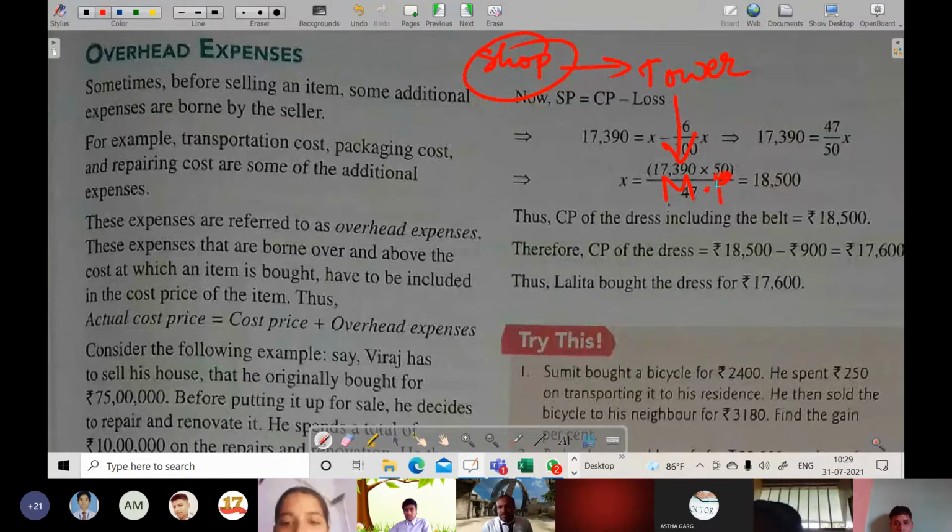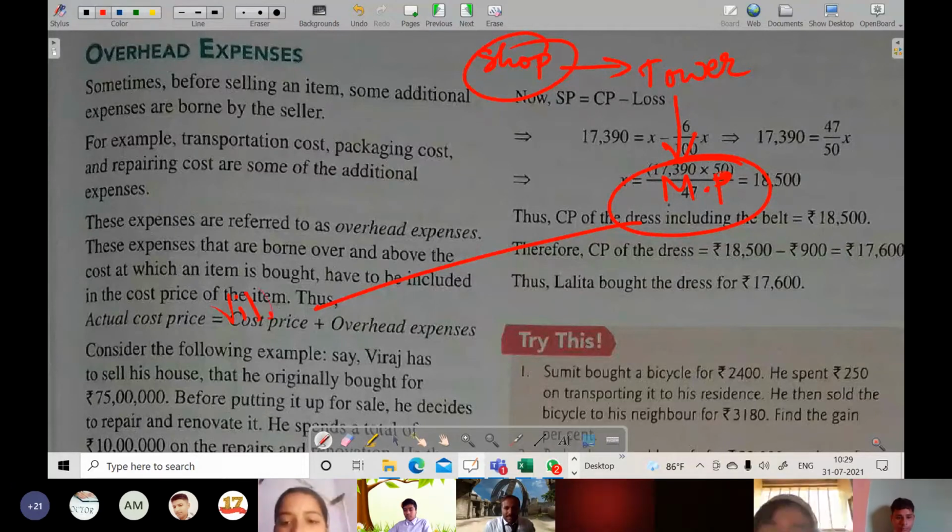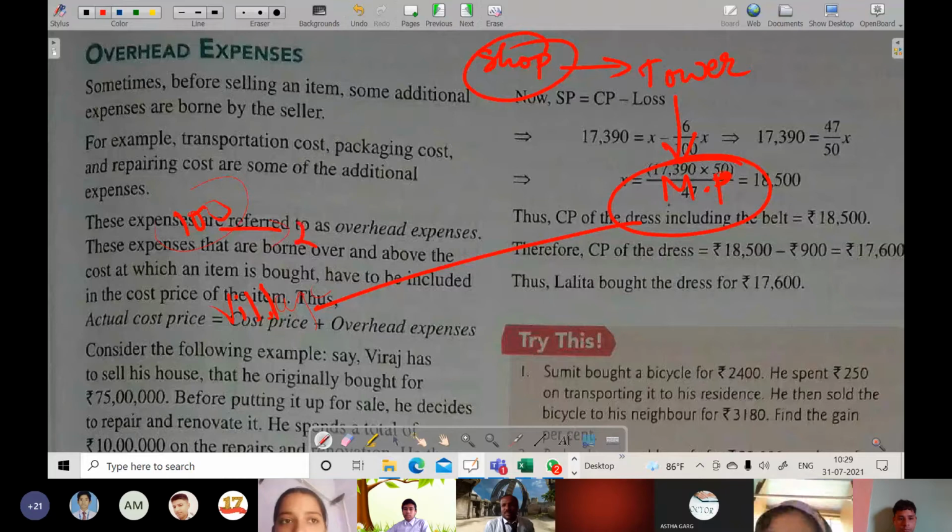But if you will buy the same thing in a village shop, you will find that if MRP is written 100 rupees, they are even selling it at 95 or 90 rupees also.